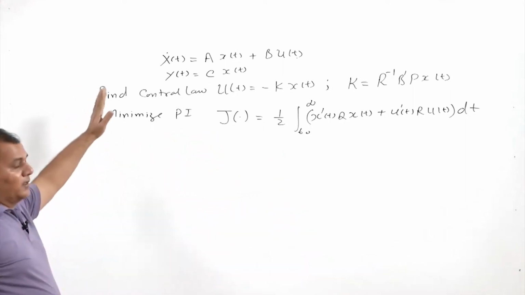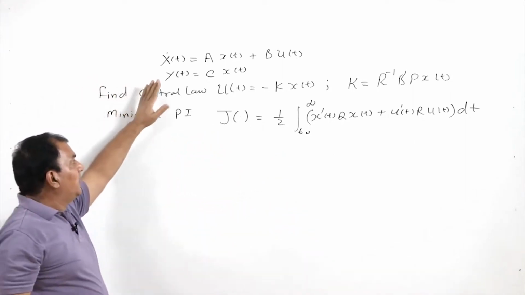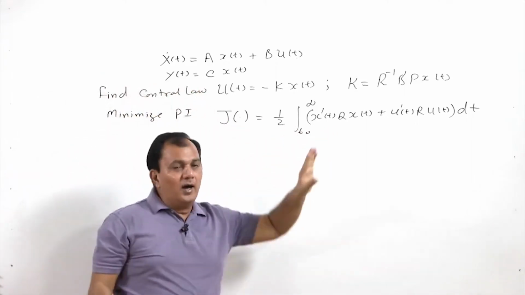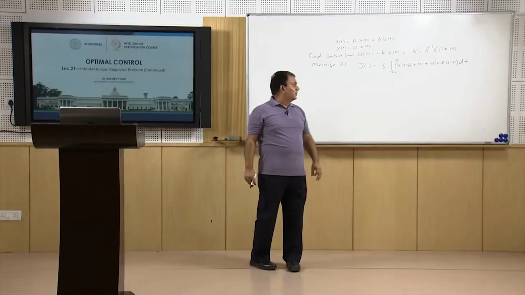In the LTI system, the linear time invariant system, A, B, C, Q, R are constant matrices.